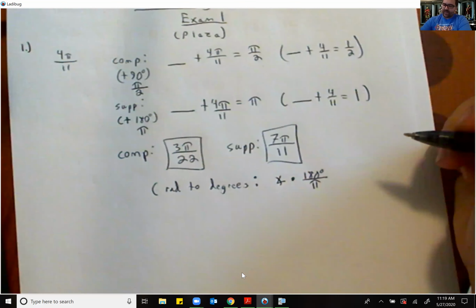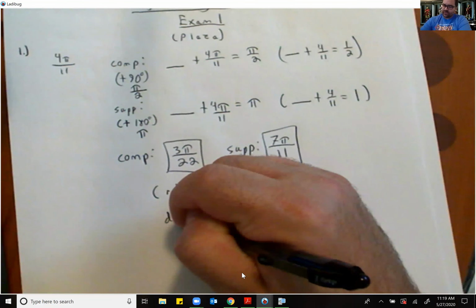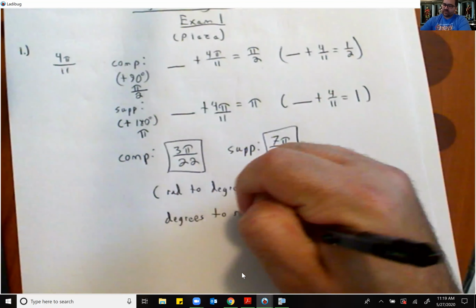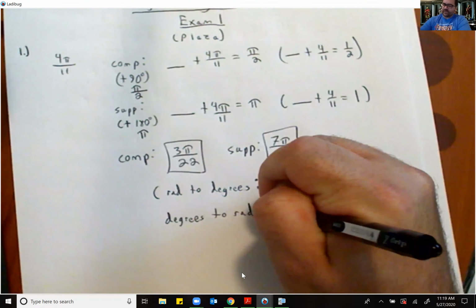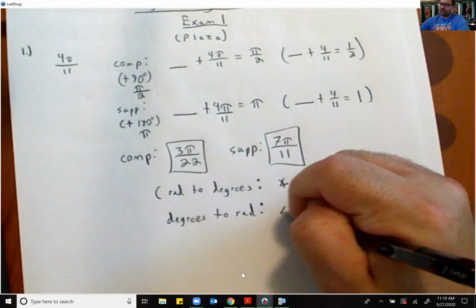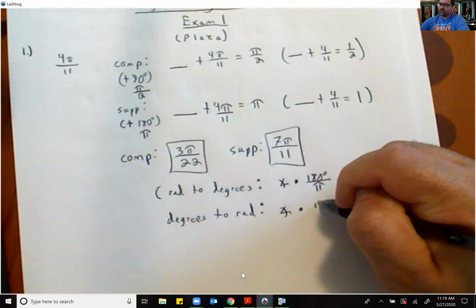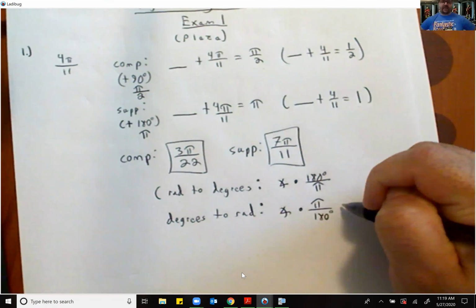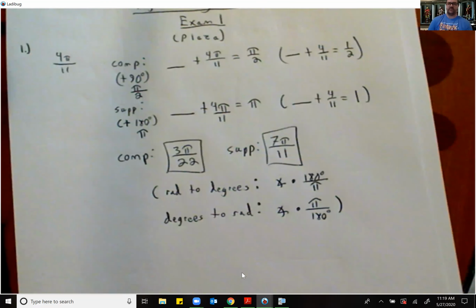And then to change back in the end, degrees to radians, you'll take your angle measure and multiply it by pi over 180 degrees. Okay, I'm not going to show that because that's your choice. I'm giving you the information on how we do this in radian style, the straightforward method.